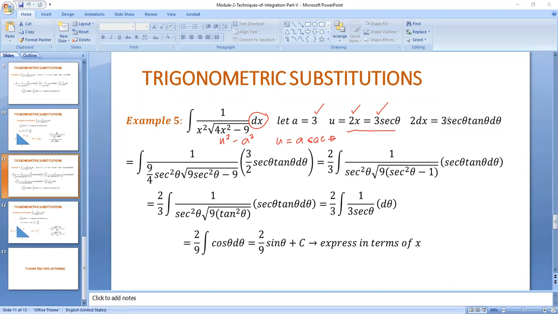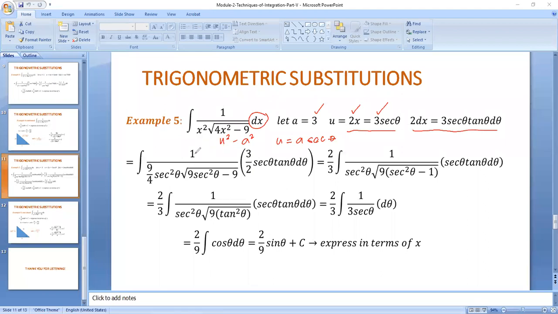Differentiating the right side, you have 3 because it's a constant, and it needs to be multiplied by the derivative of secant. What is the derivative of secant? Secant theta tangent theta d theta. Okay? Now this expression and this one will replace the original x and dx here in our integral.